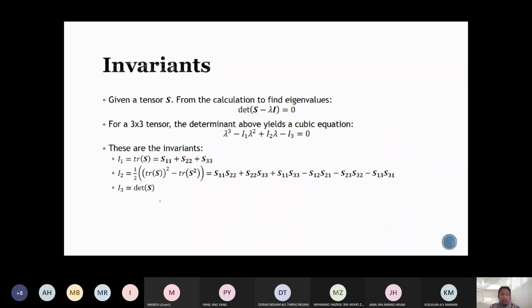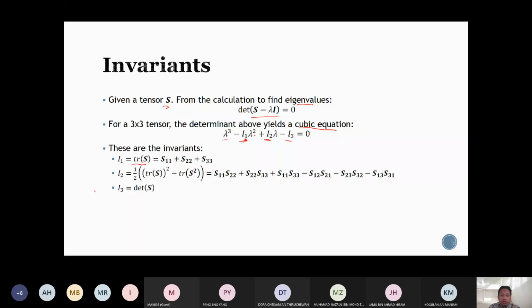So let's say you have a tensor S. We can find the eigenvalues by using the determinant of S minus lambda I. From the previous slide, we can expand this. From this cubic equation here, I1 is the trace. The trace is also the sum of the diagonal elements.